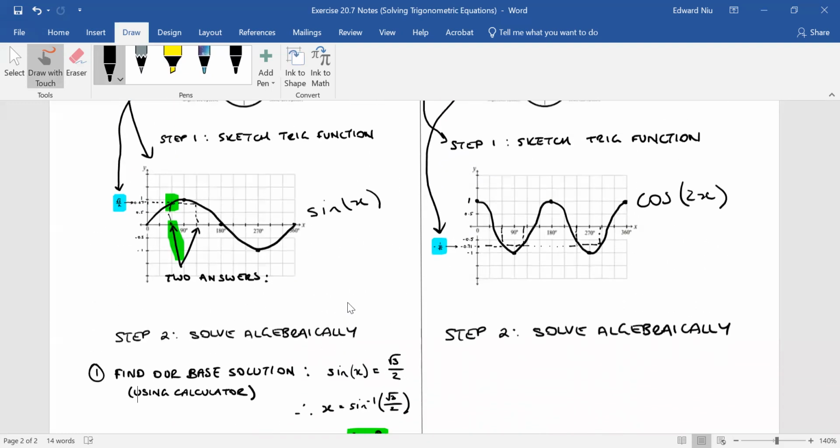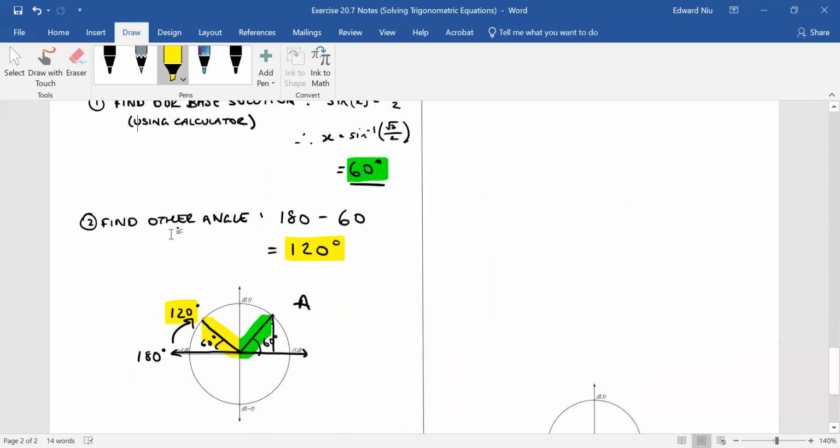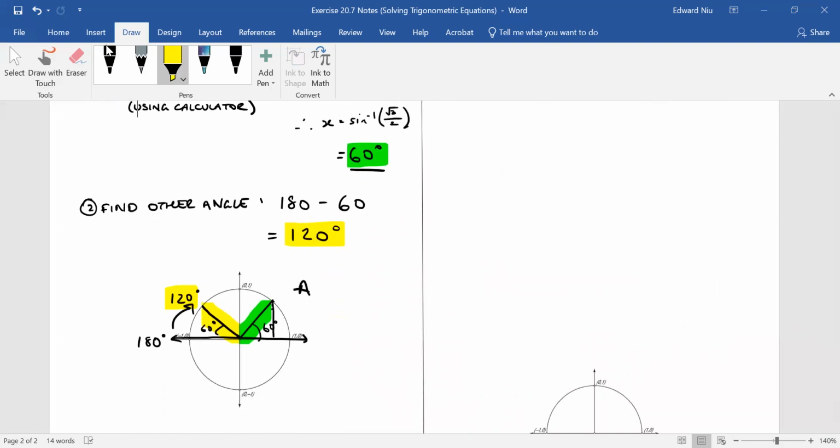If you go back to the graph, hopefully you're starting to see the connection between the graph and the unit circle. That point there is also 120 degrees. And this part here, 0.87, just means the height of the triangle's line is going to be 0.8666, because when it gets to 1 here, that's the maximum height.